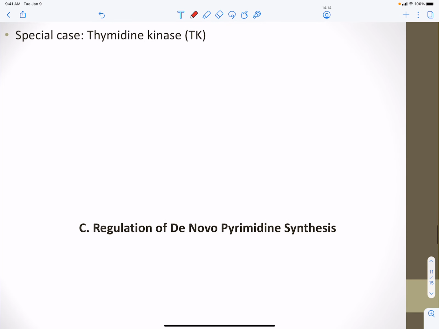Now there is a special case of thymidine kinase. So this is a deoxyribonucleoside kinase. This is going to be allosterically inhibited by deoxythymidine triphosphate.